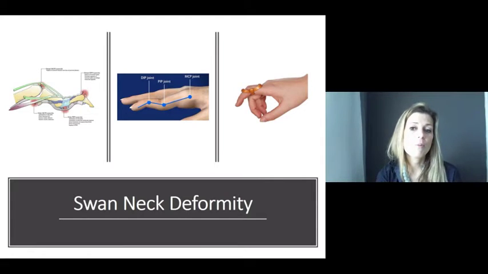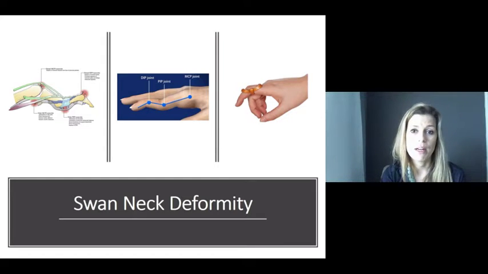Some other deformities that are really common with the extensor mechanism, swan neck deformity. And some of you in this class may actually have this deformity if you have a lot of laxity in your fingers and in your soft tissue. With this swan neck deformity, what happens is the PIP joint falls into hyperextension and the DIP joint falls into flexion.